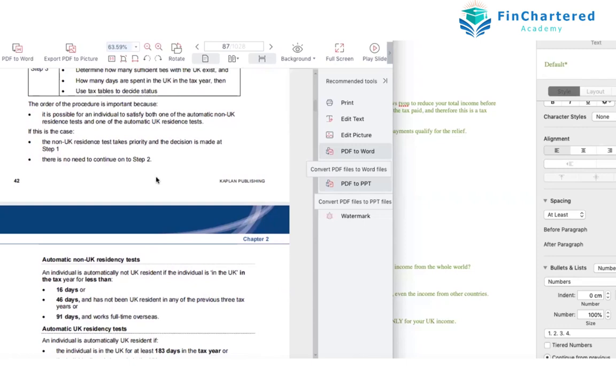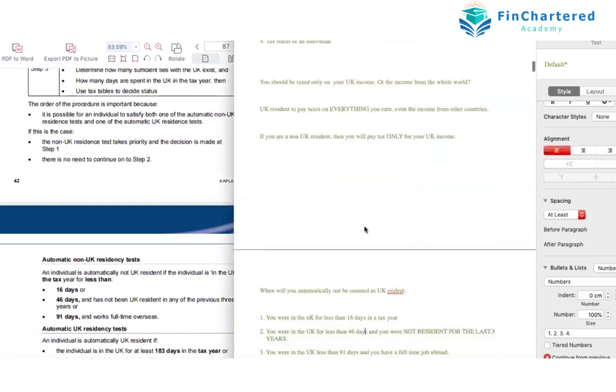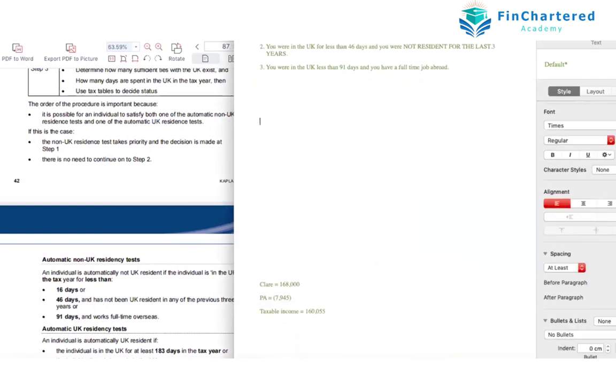So, number one, you have to be in the UK for less than 16 days, or you are in the UK for less than 46 days, and in the past 3 years, you were not a UK resident. See, suppose last year you were a UK resident.